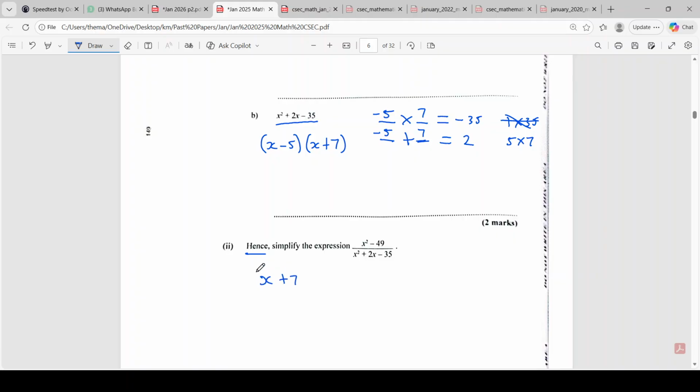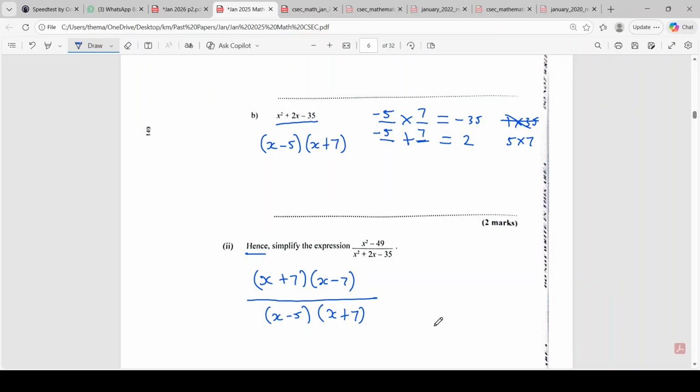When we factorize the bottom, we get x minus 5 by x plus 7. And we've seen what we could cancel.